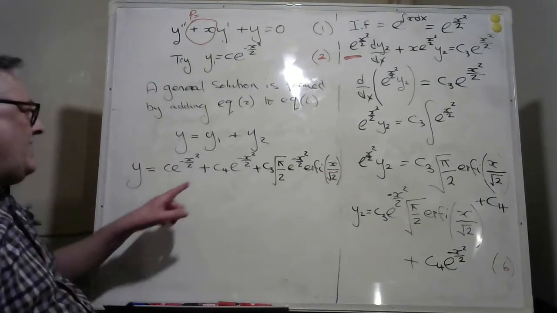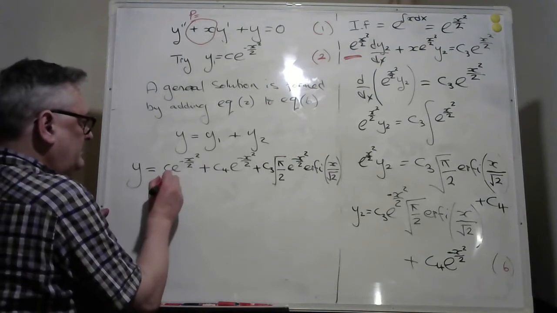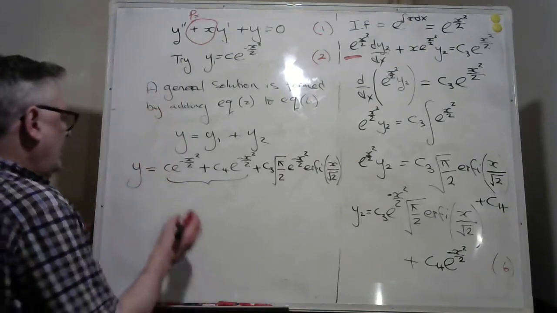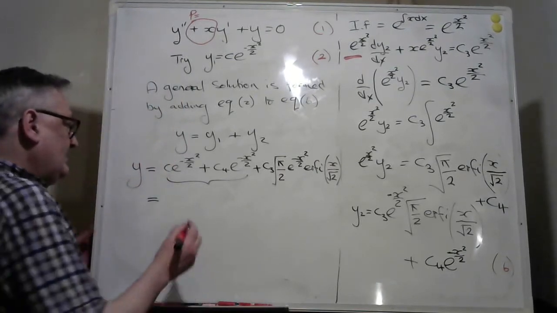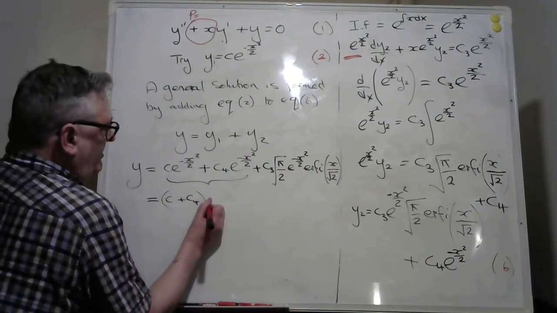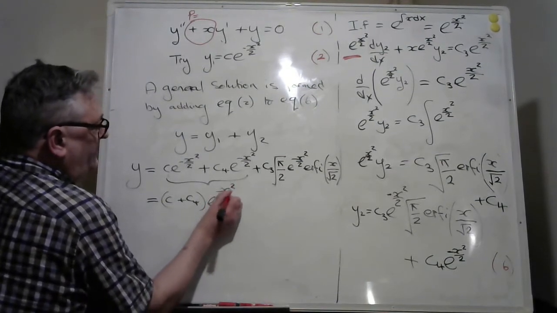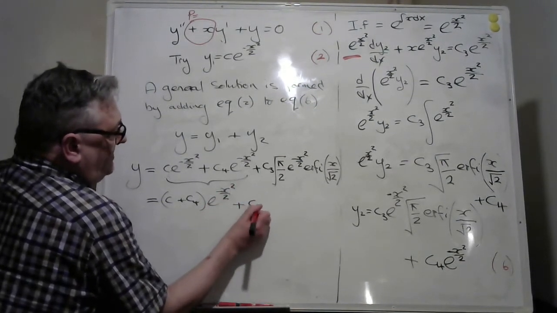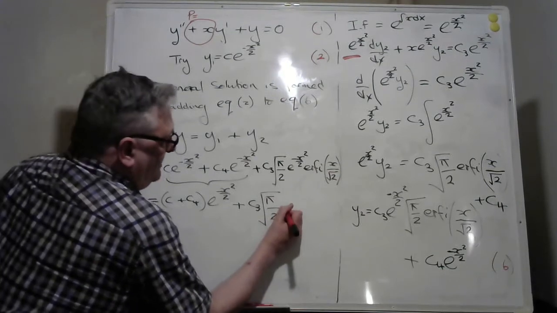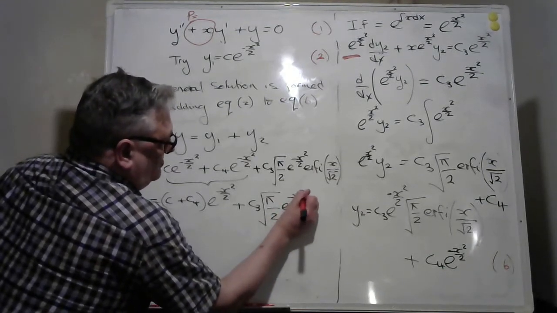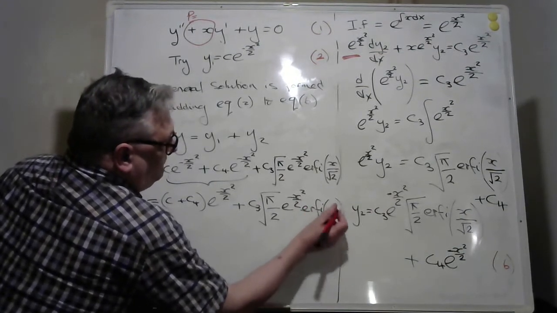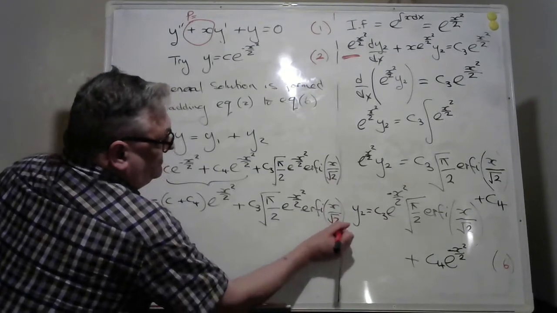Now you might be able to see that this part of the solution can be factorised and simplified. So we've got c plus c4 times e to the minus x squared over 2, plus c3 times the square root of pi over 2 e to the minus x squared over 2 times the imaginary error function of x over root 2.